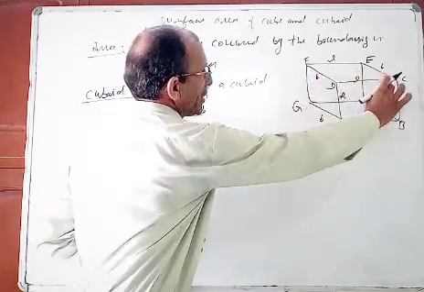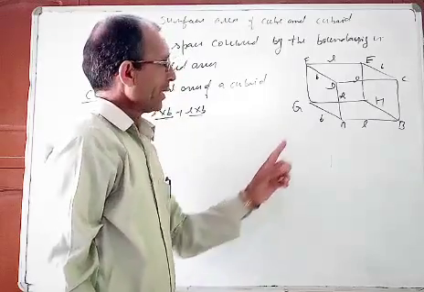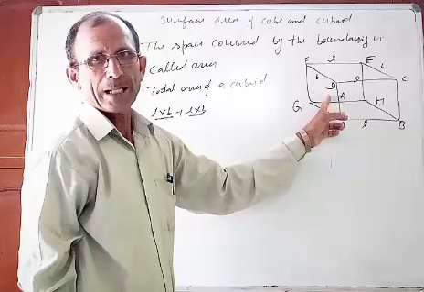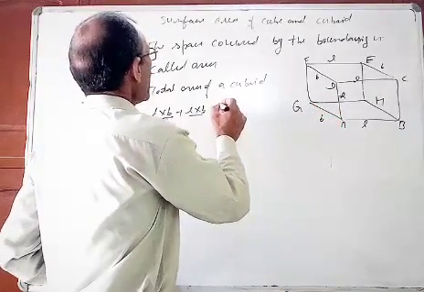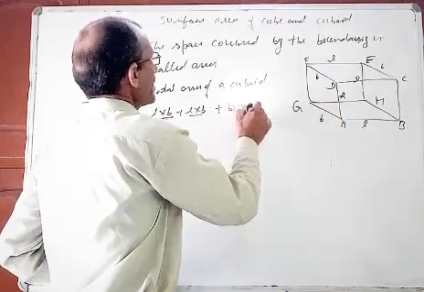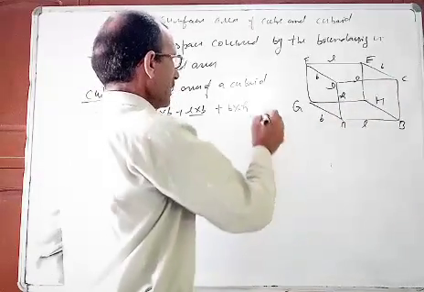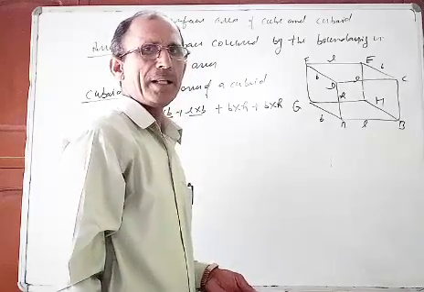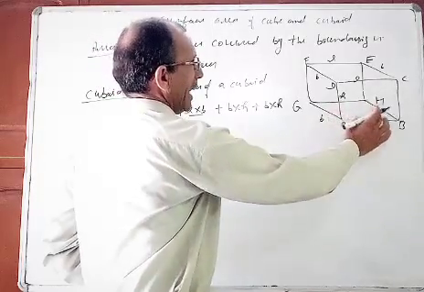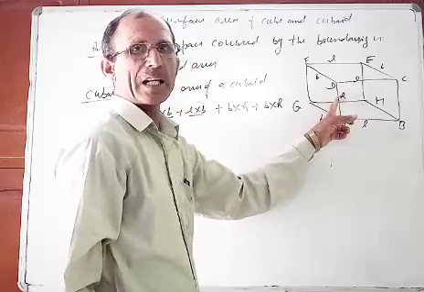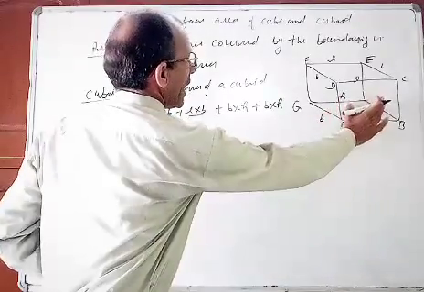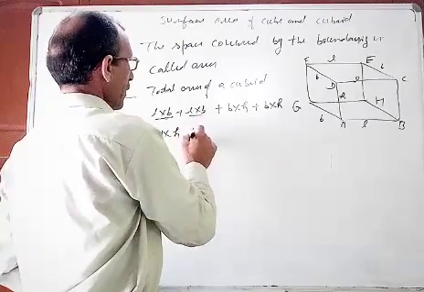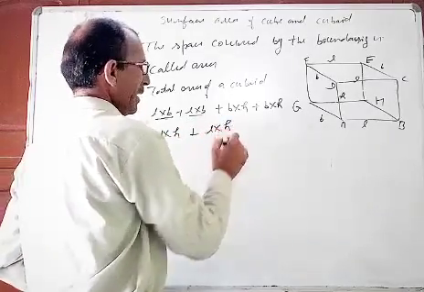Now the front faces: in this one, B stands for breadth and H stands for height. So the area of this portion is B multiplied by H, and that is also equal to this one, B multiplied by H. Now in this side face, L stands for length and H stands for height, so the area is length multiplied by H plus length multiplied by H.